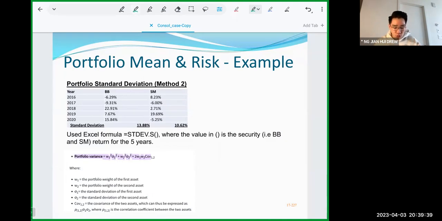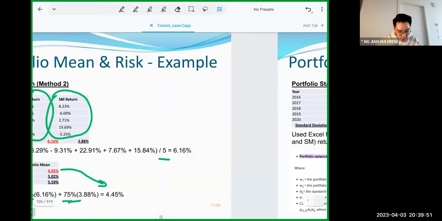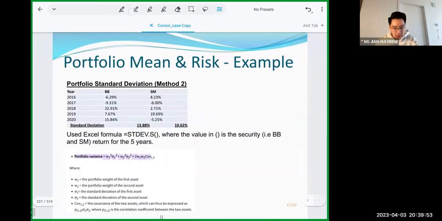So for method 2, how we calculate standard deviation is that, recall that we were given that BB had these returns and SM had these returns. These two were given in the question here.